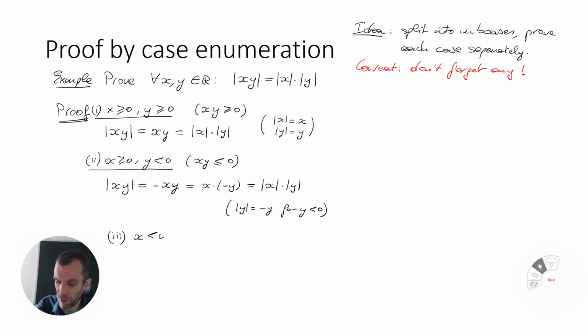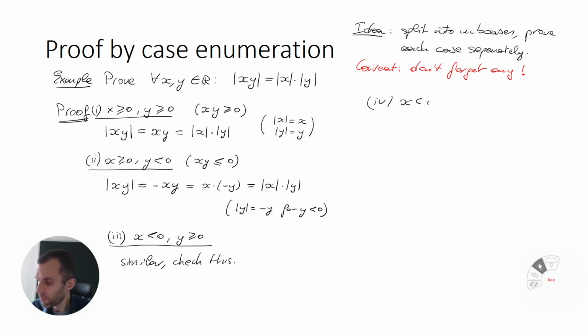And then there's the opposite, so x negative and y positive or 0. So this is very similar, and I'll let you check this. And then the last case is both x and y negative. So now product of two negative numbers is a positive number.